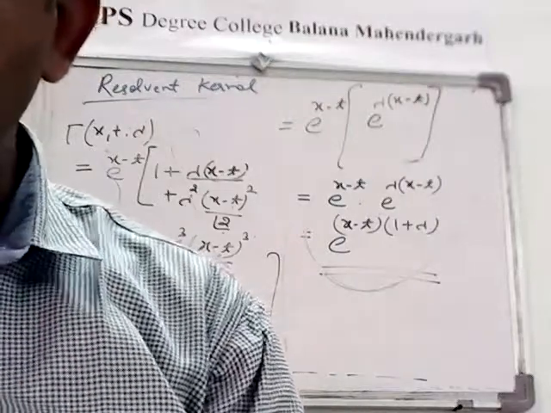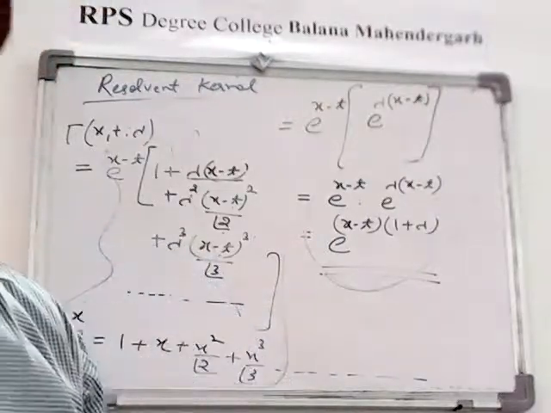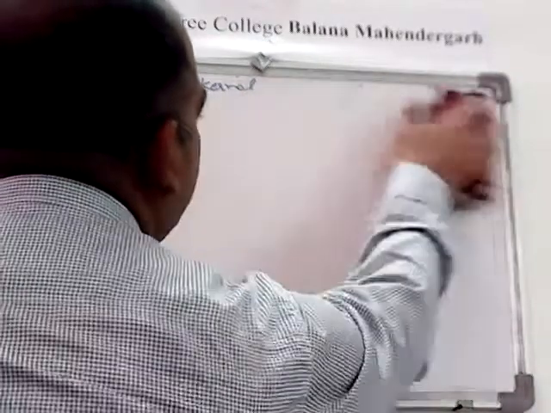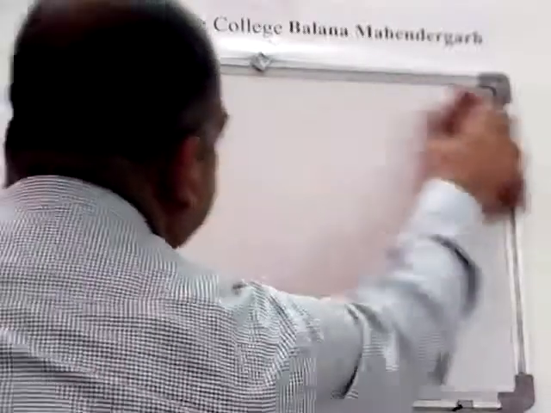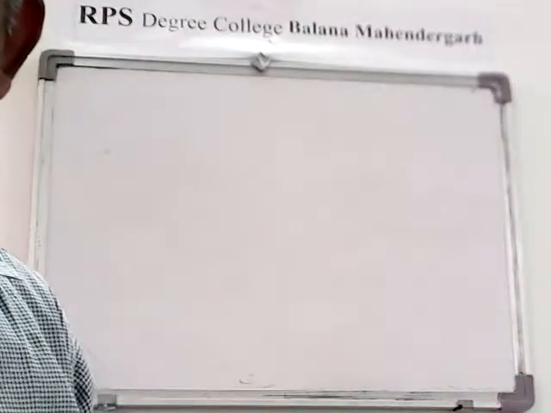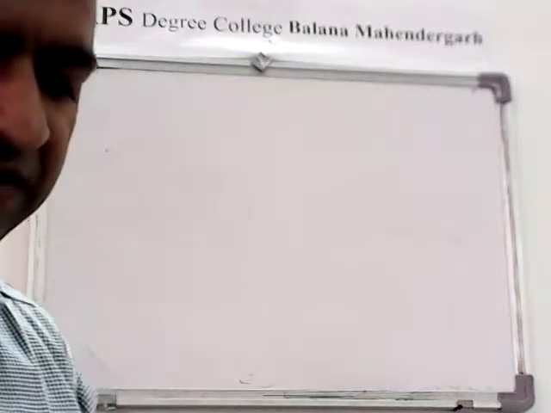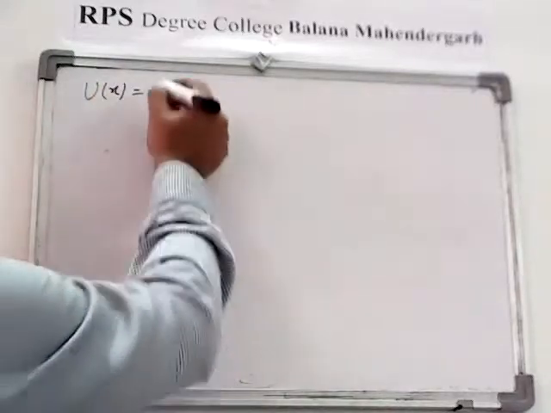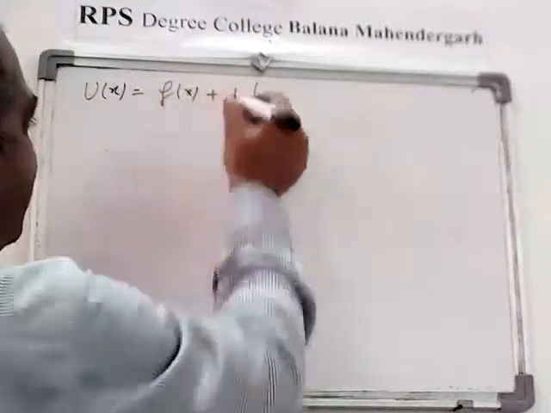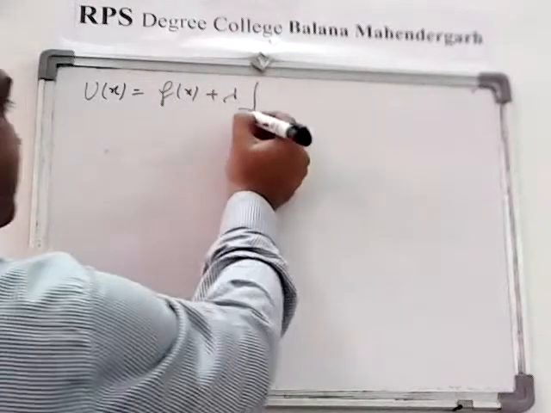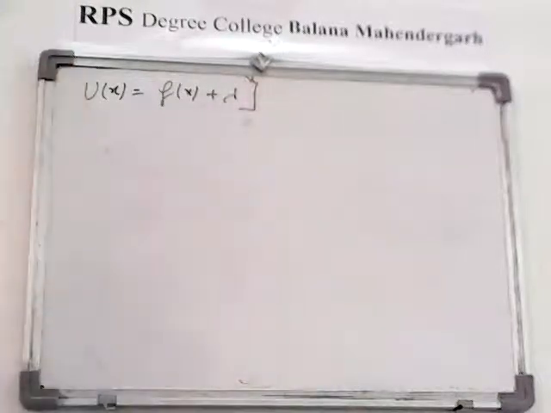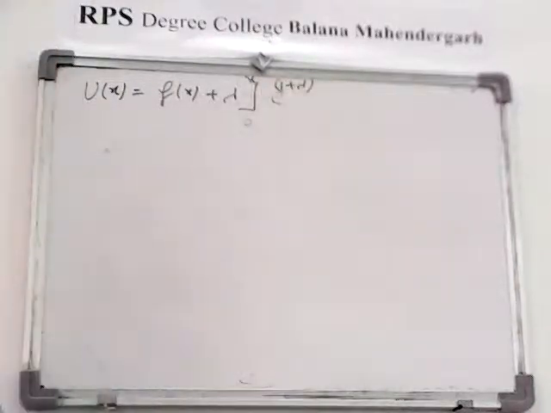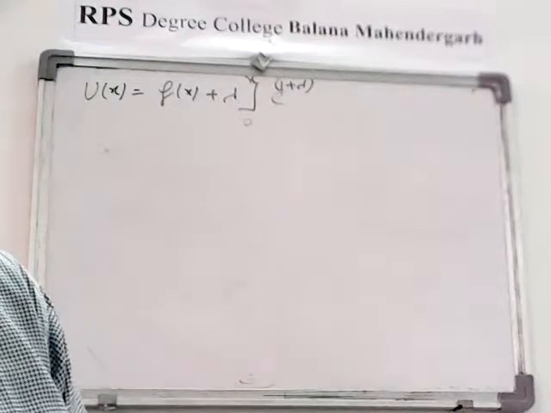The second question is find out the Neumann series for the integral equation. In this case we have to find out only the Neumann series, and the integral equation is given by u(x) equal to f(x) plus lambda, integration is from 0 to x, then we have e raised to power, rather this is not the question.